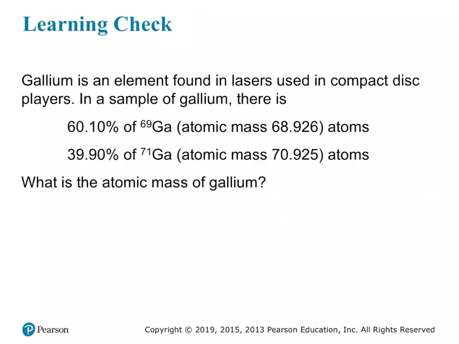In a sample of gallium, there is 60.1% of gallium-69, and the exact mass for that isotope is given. And then there's 39.9% of gallium-71, with an exact mass of 70.925. So what is the atomic mass of gallium?